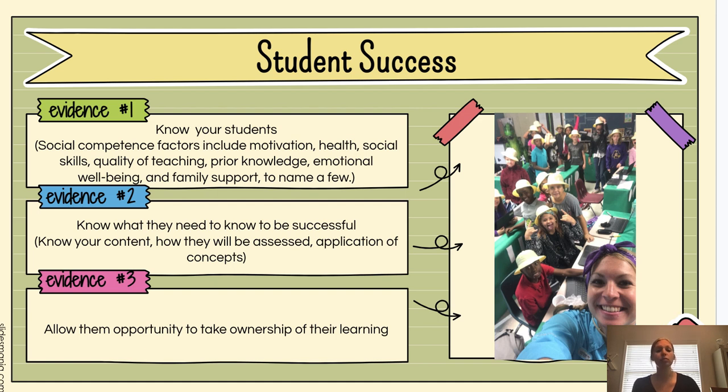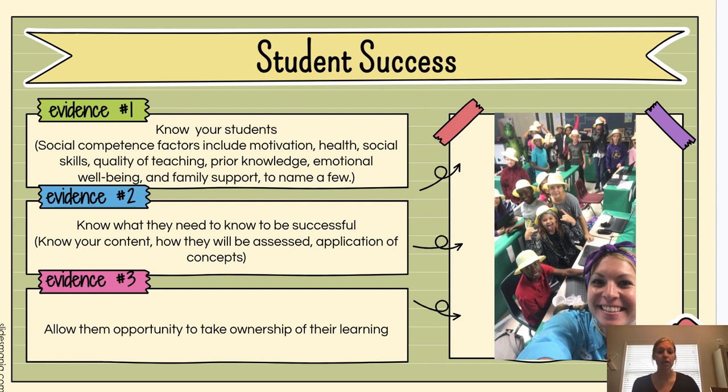Then know what your students need to know in order to be successful. You have to know your content, and you have to know how to relate your content to them. So it's not just, for science, we'll say human body, it's not just knowing the human body systems. How do you apply it to other human body systems?